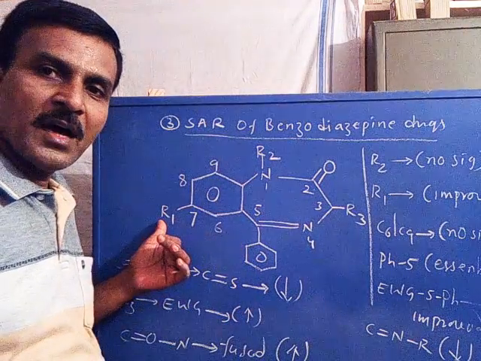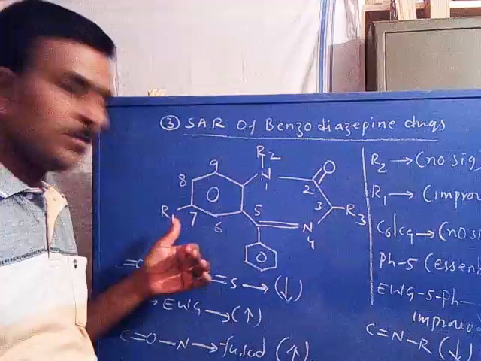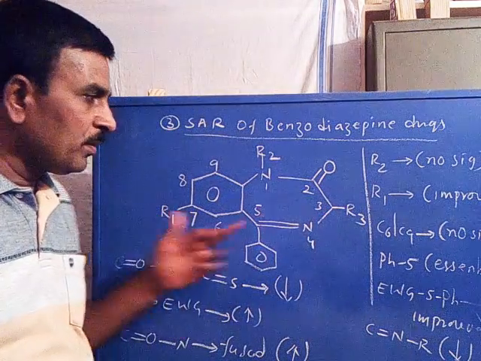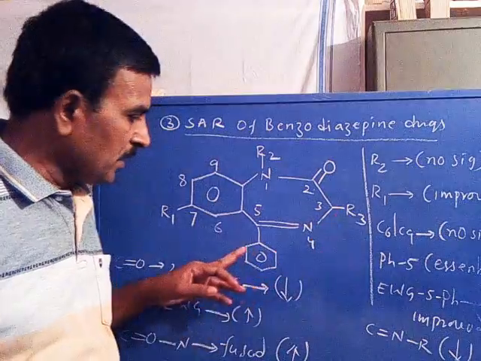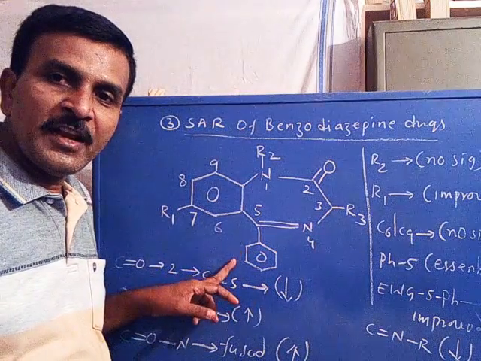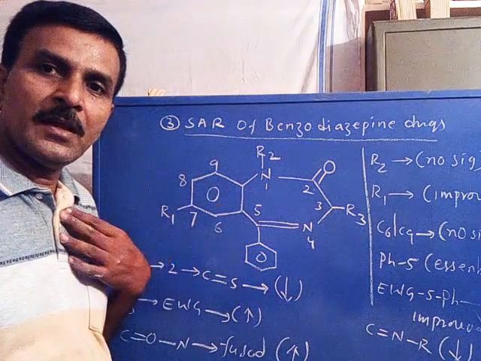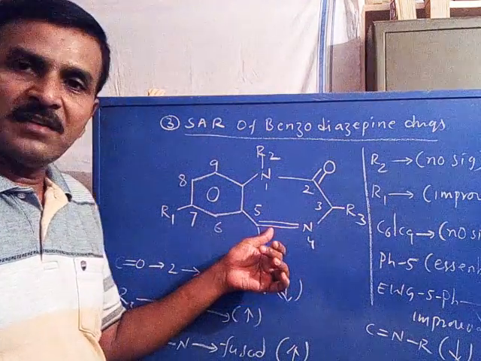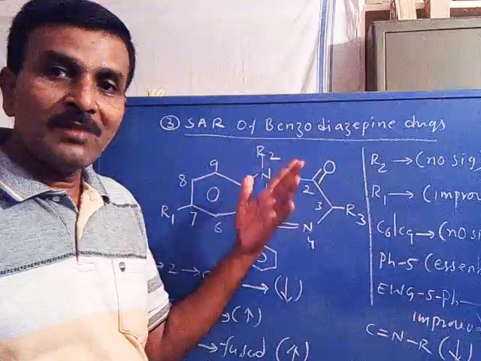Substitution of R1 group at 7th position improves activity. So substituting R1 group or R3 group or hydrogen of phenyl ring improves its activity. So we should not reduce the C double bond O. So this is also essential. Now last one.